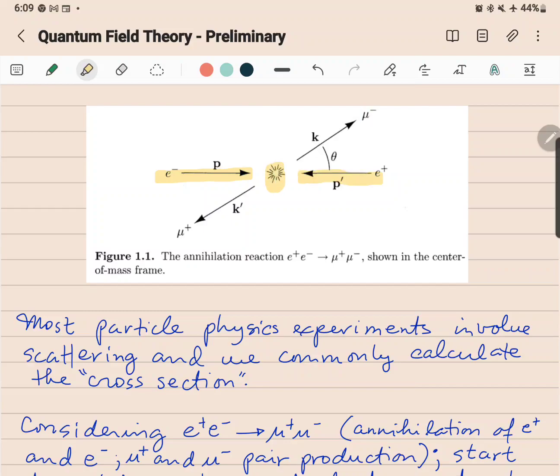They smash into each other here and produce a muon and anti-muon. This reaction is called the annihilation of e plus e minus to mu plus mu minus in the center of mass frame. And this means that p is equal to negative p prime.